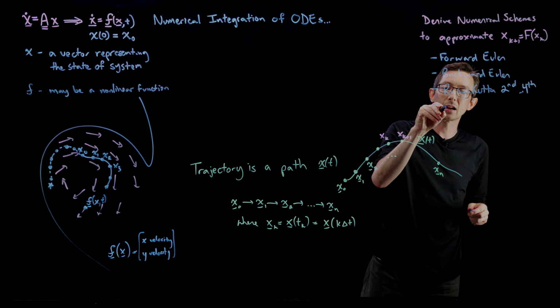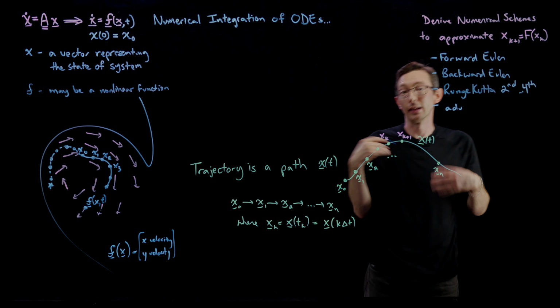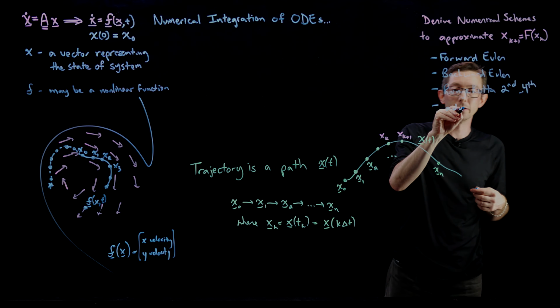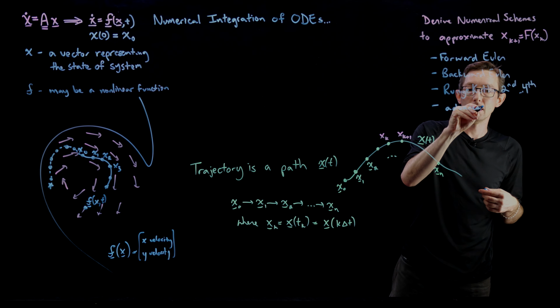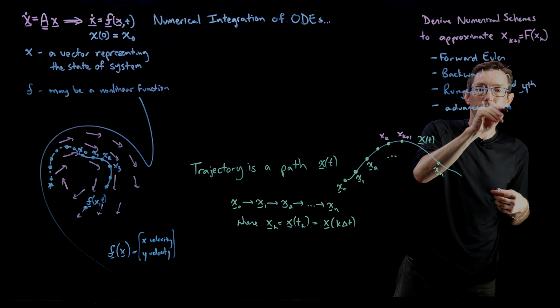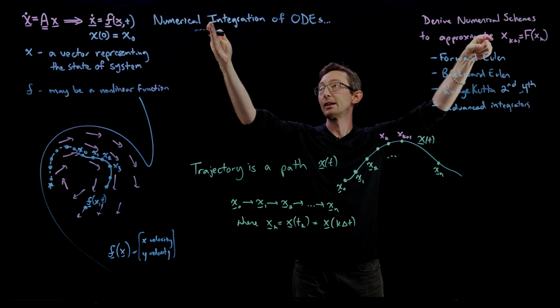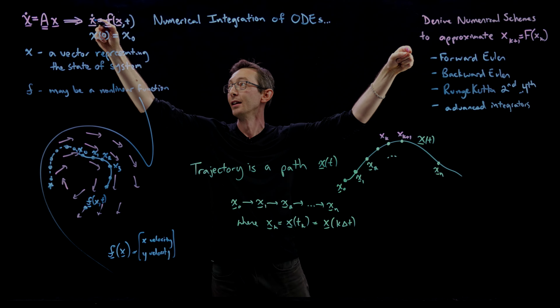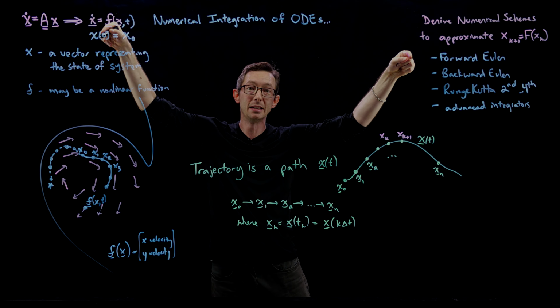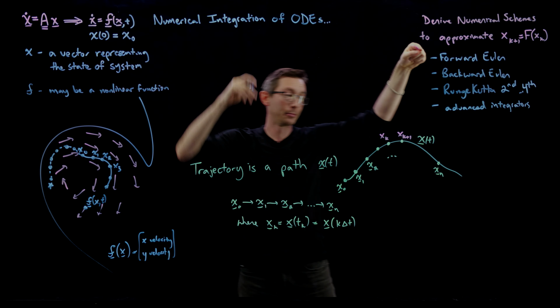And then I'm also going to talk about advanced schemes like variational and symplectic integrators. These numerical schemes are called integrators because we are integrating this dx/dt. We're integrating it in time to time step it forward.